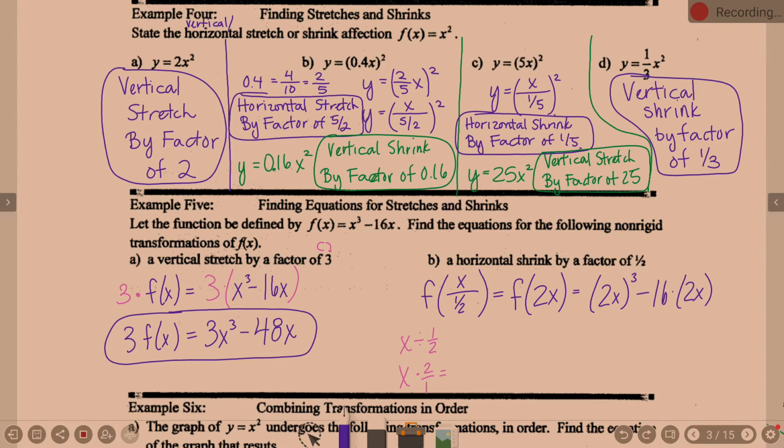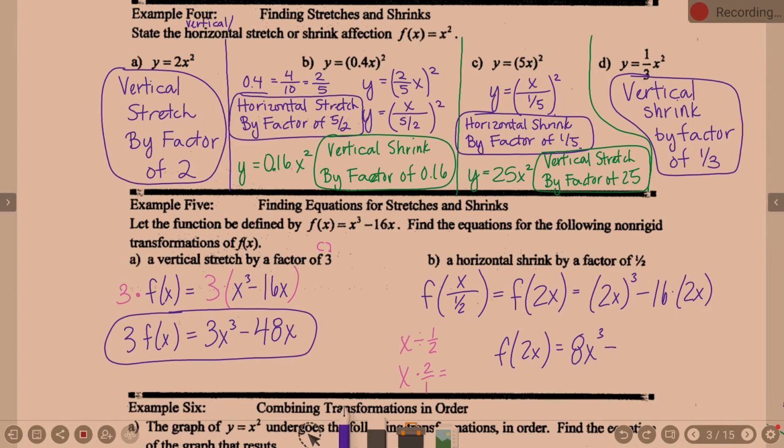Now, clean it up a little bit. What is 2x quantity cubed? Because that 2 is in the parentheses, we're going to say 2 to the third and x to the third, so 8x cubed.